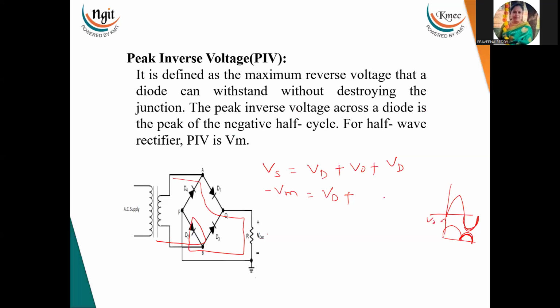So here V0 is equal to Vm. So 2VD is equal to minus 2Vm, so VD is equal to minus Vm. This minus indicates what? Reverse voltage. And what is the magnitude? It is Vm. So in a bridge rectifier, how much is the PIV? Vm.